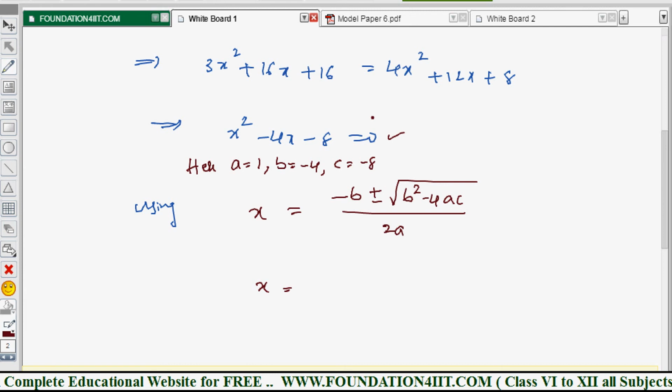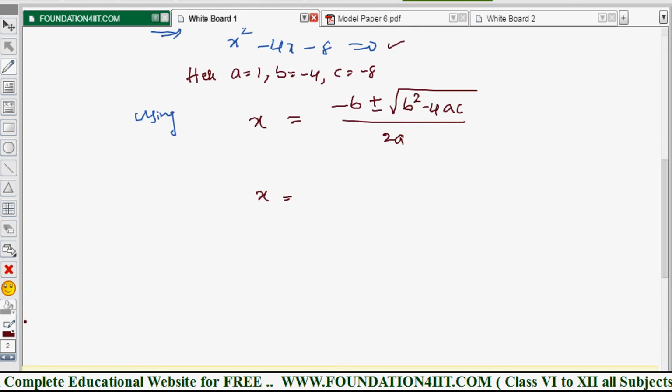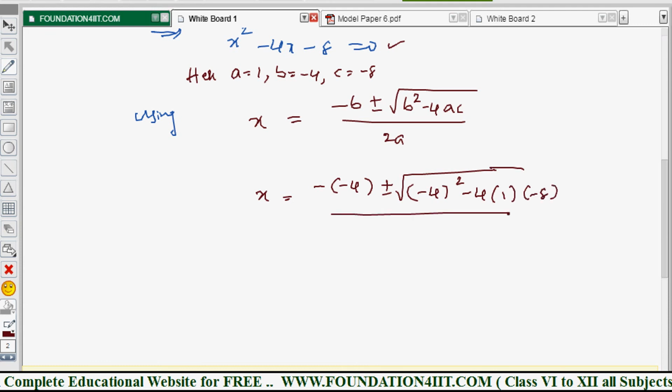Just substitute in this. So minus of minus 4, because b is minus 4, plus or minus square root of minus 4 whole square, minus 4 into a is 1, into c is minus 8, divided by 2a, so 2 into 1. Finally we will get 4 plus or minus square root of 16 plus 32, divided by 2.